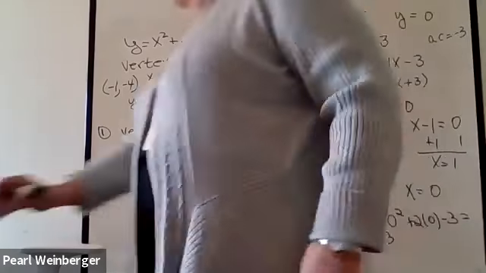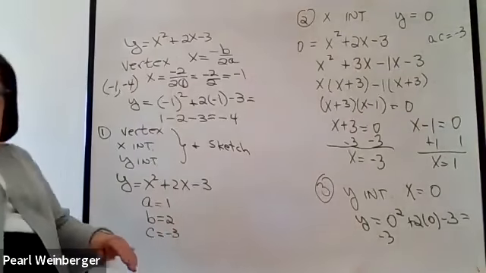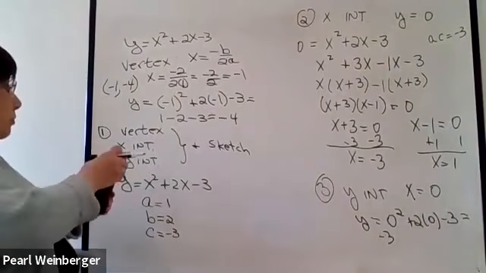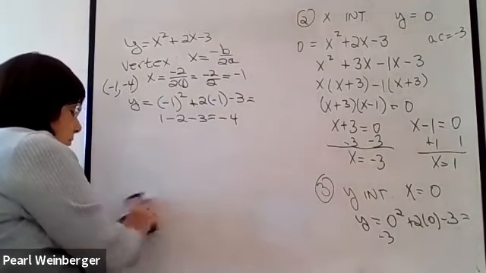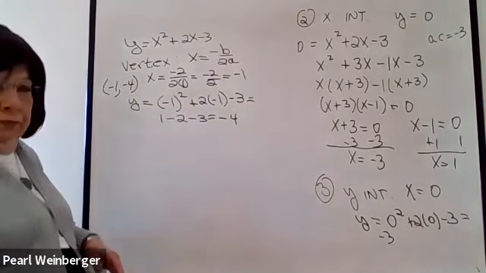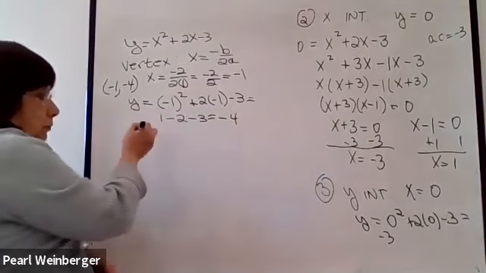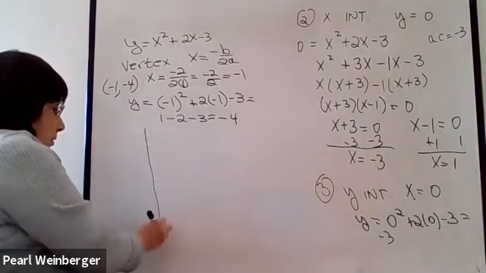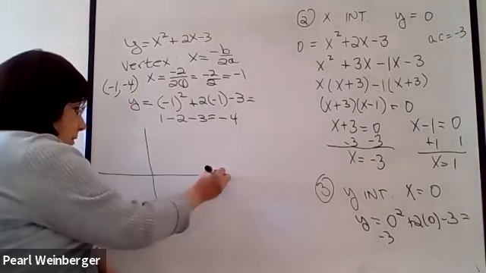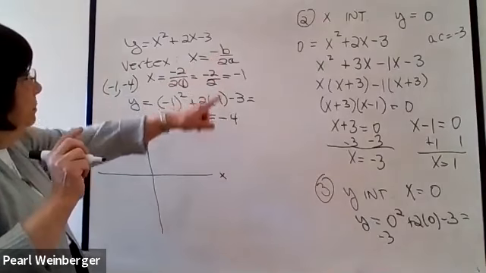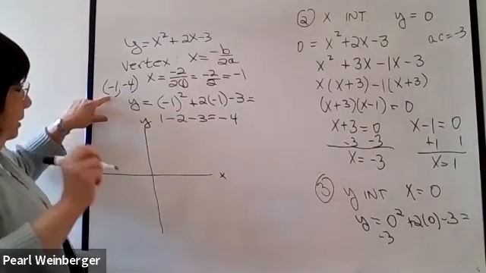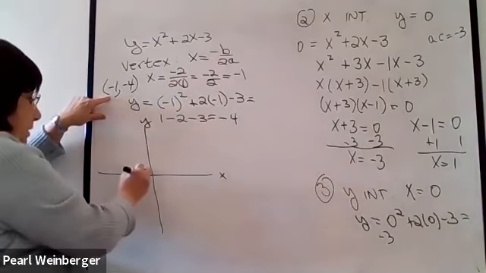Okay, so now let's see if we can do a sketch. I'm going to do it right over here. Here's my x and y axis. The first thing I put on it is my vertex. The vertex is the point -1, -4.